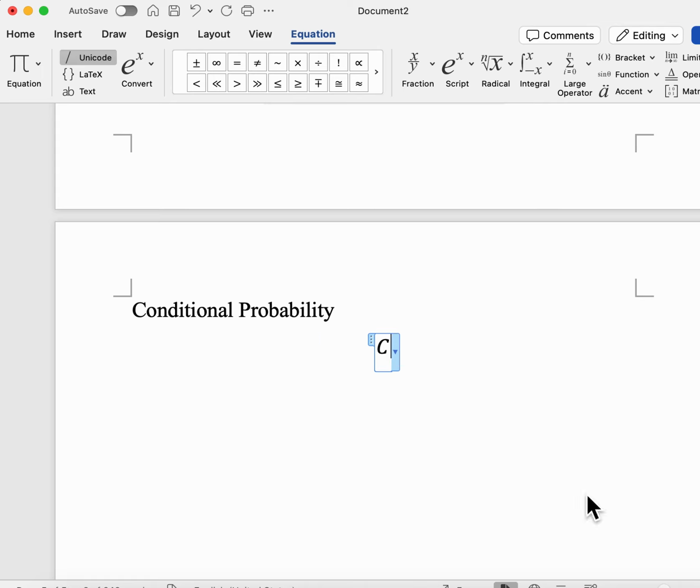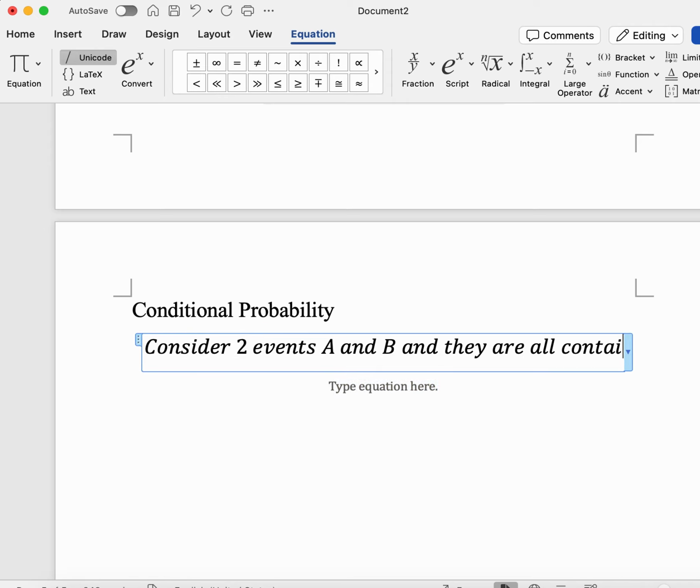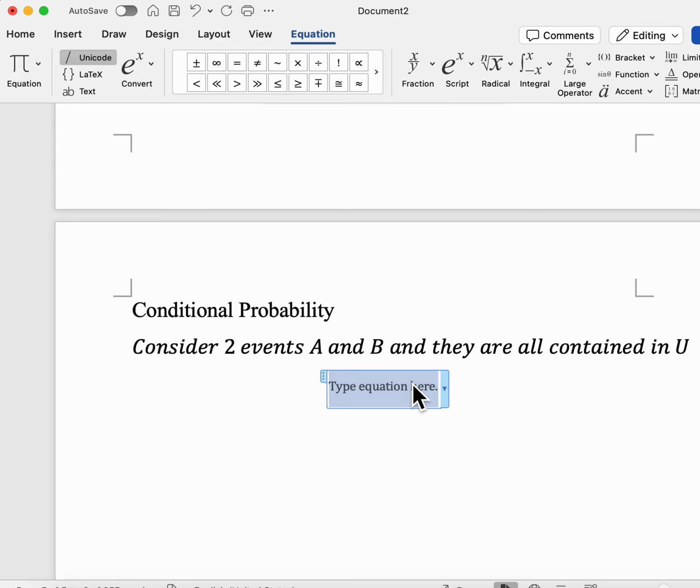Again, consider two events A and B, and they are all contained in U, the universal set. Then this formula applies.